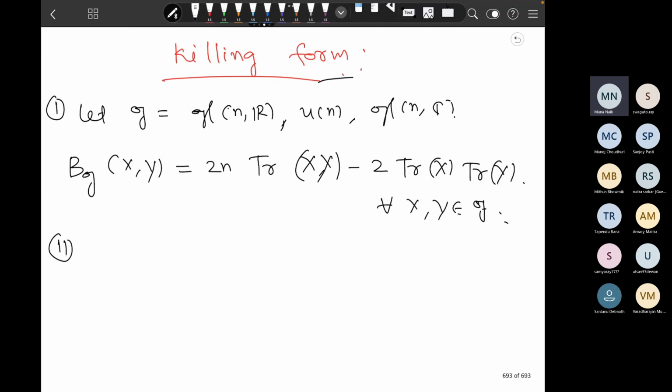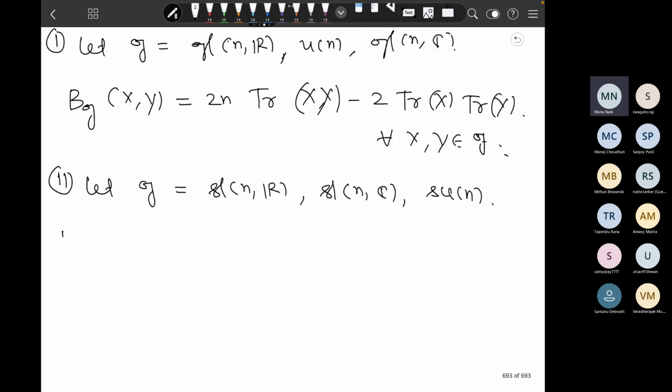Now the second thing: let G be SLNR or SLNC or SUN. Then B_G(X,Y) will be 2n trace of XY.